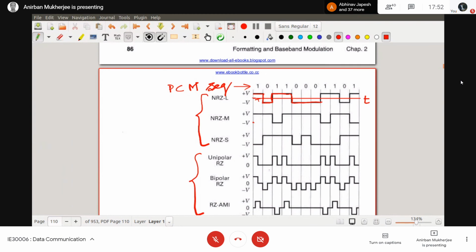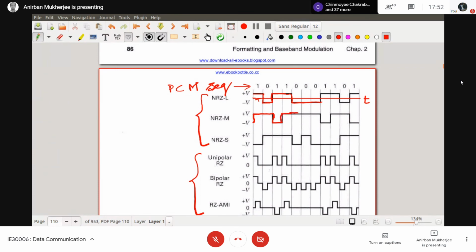So I have seen 1, I have done a transition, and I will stay there. Then I get 0, which means I will not do a transition, I will stay at my present state. When I get 1, I will do the transition and stay at that state. Then again 1 means I will do the transition and stay at the state, in this way.